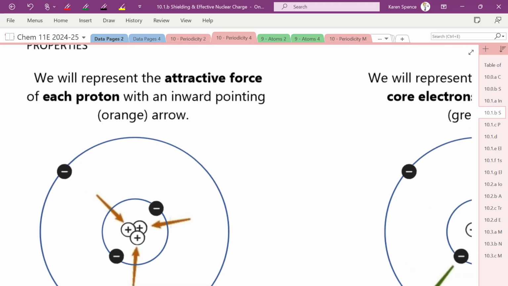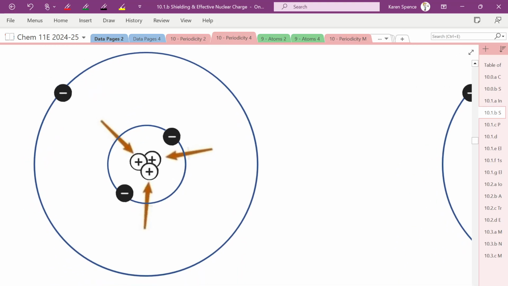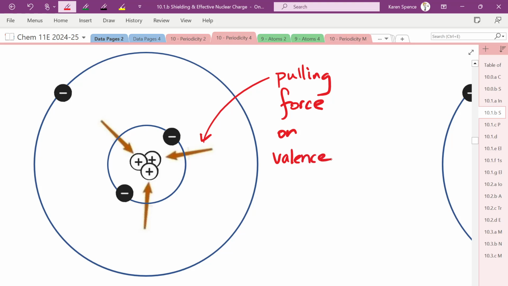We are going to show the attractive force of each proton with an inward pointing arrow. So each proton is pulling inwards, and that is the pulling force on the valence electron.